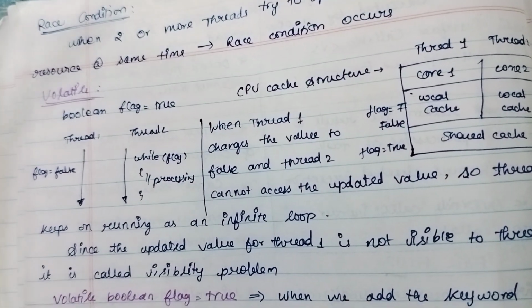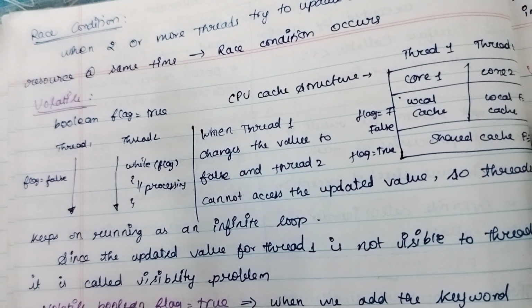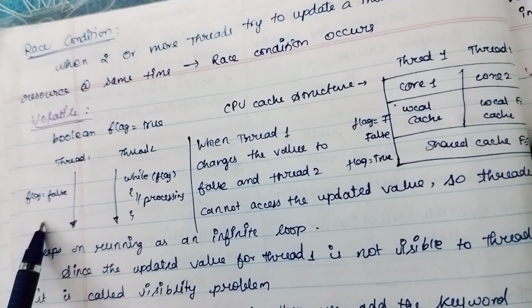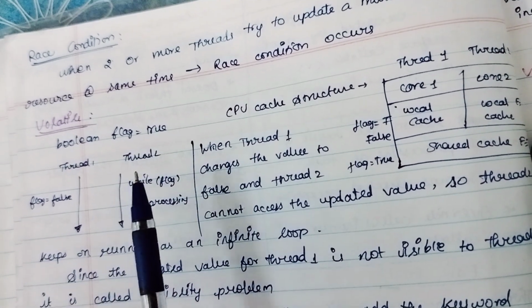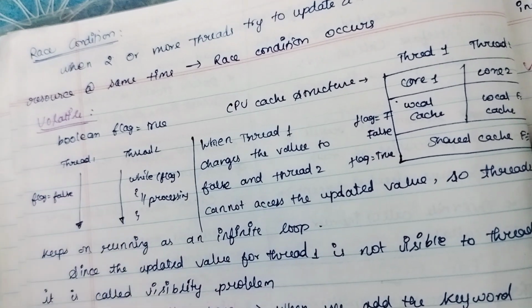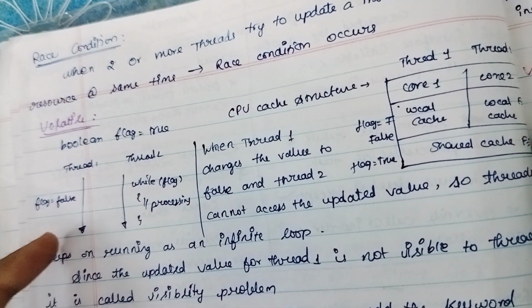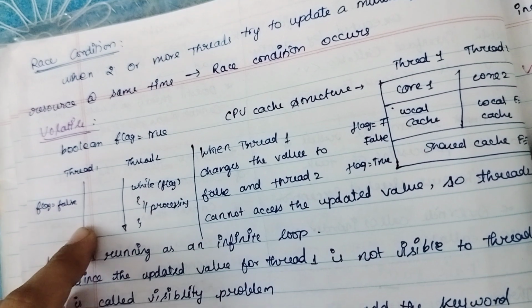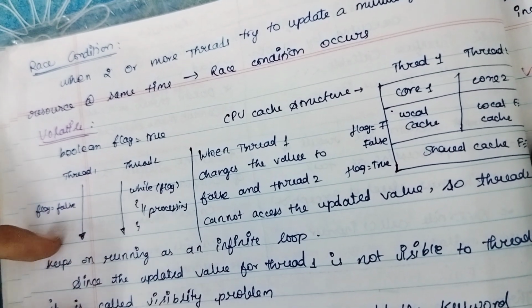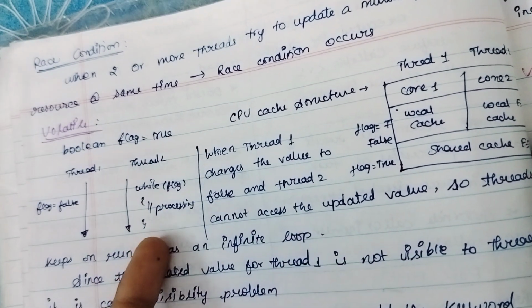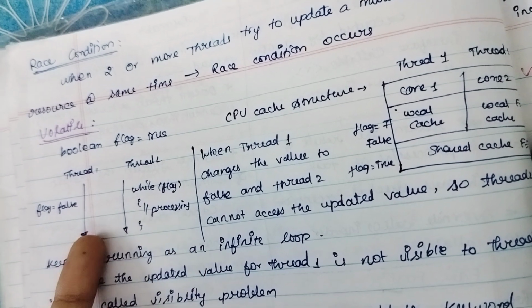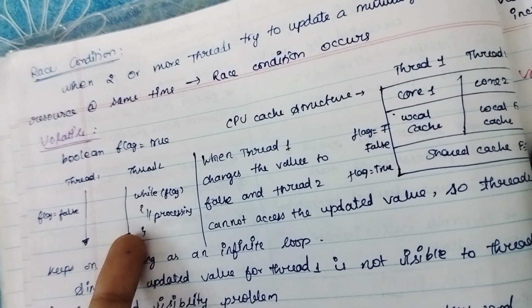Let's see what is meant by the visibility problem. If thread T1 has updated the flag, initially the value is true, right? After that the value has been changed to false, and this changed value has to be updated to T2, only then do these two have a shared connection.